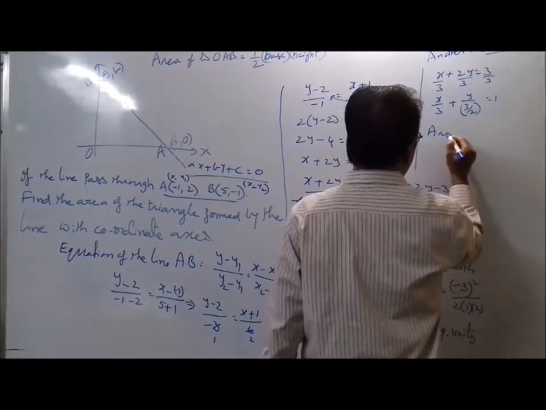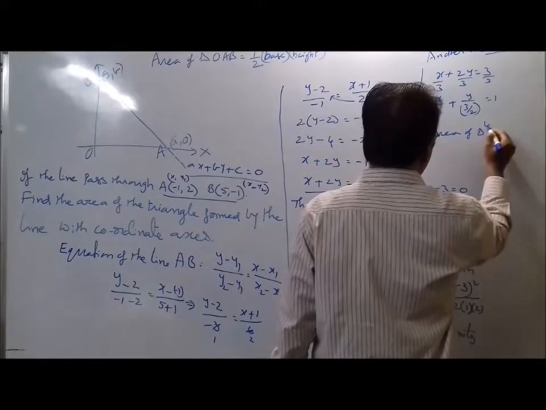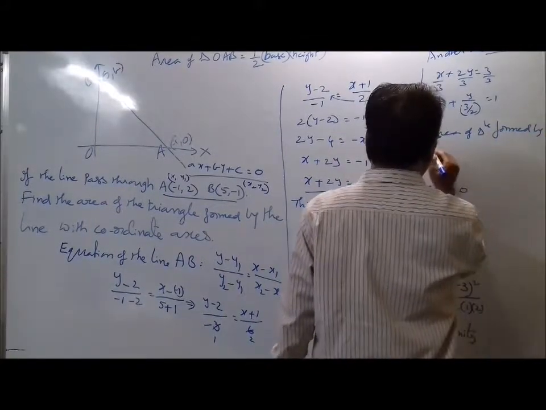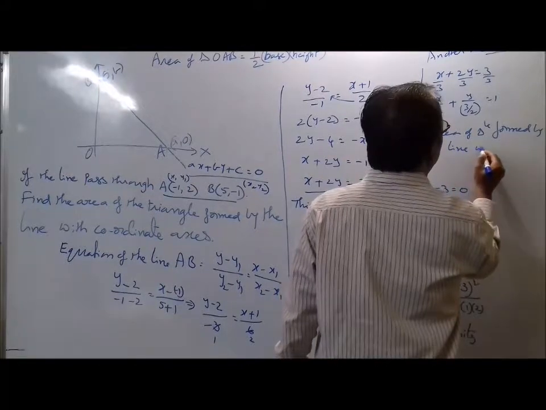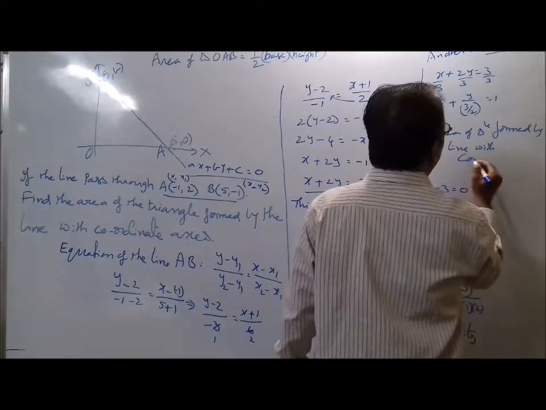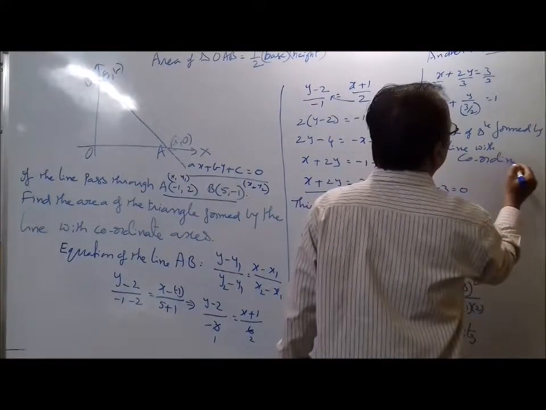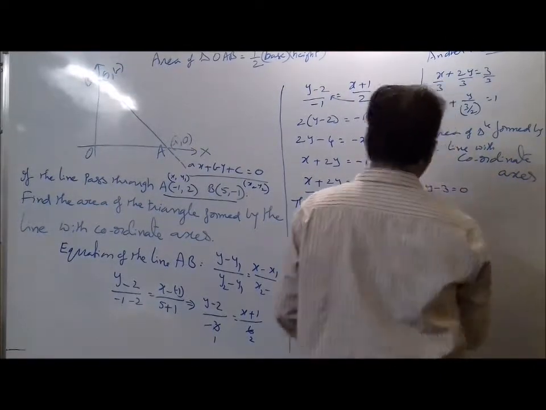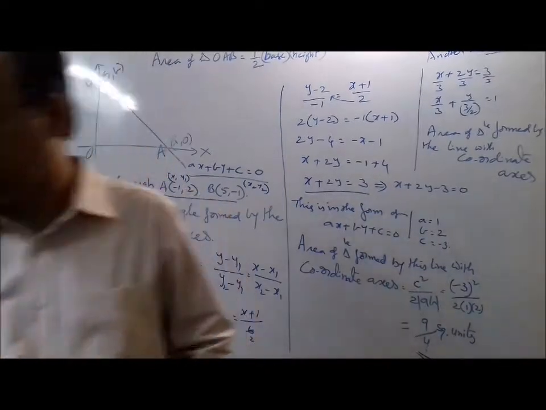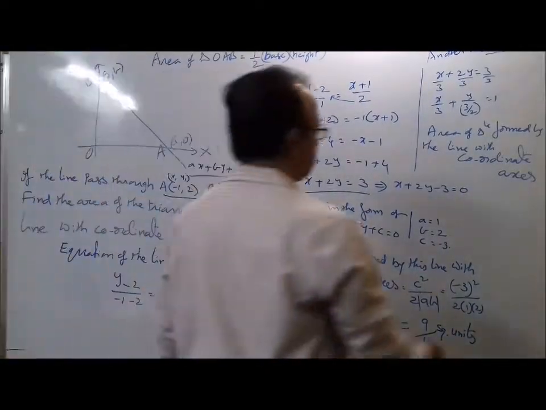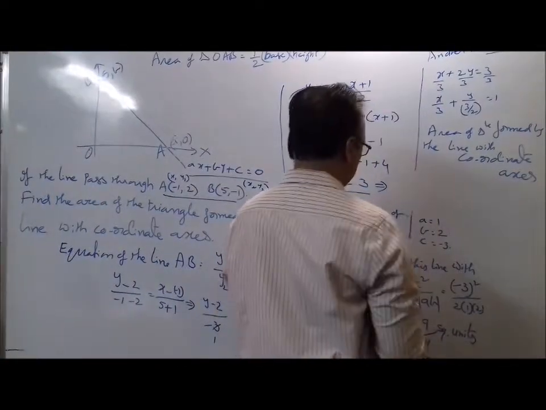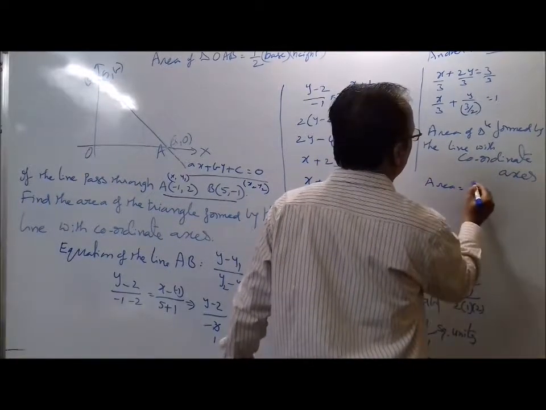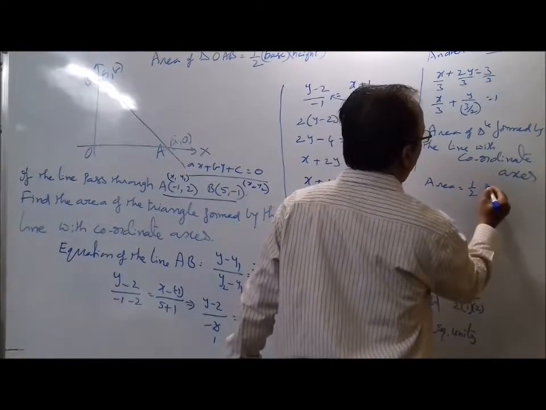So the area of the triangle formed by the line with the coordinate axis is half base into height.